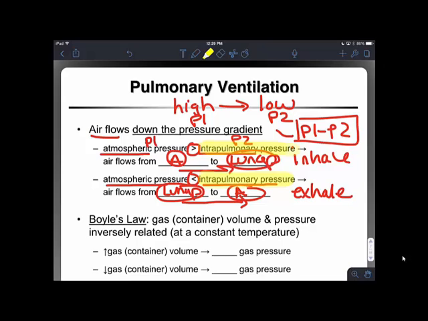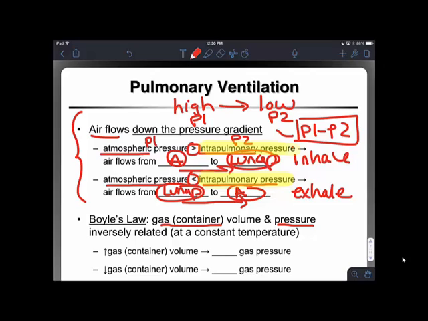Alright, so before we talk about air movement, we've reviewed this concept that we've talked about again and again, and it's still going to come up some more this semester. We need to talk about Boyle's law. Boyle's law is very simple. It says that the volume of a container of gas is inversely related to the pressure of the gas in that container, as long as the temperature is constant.